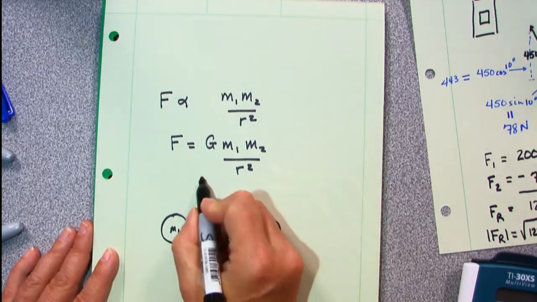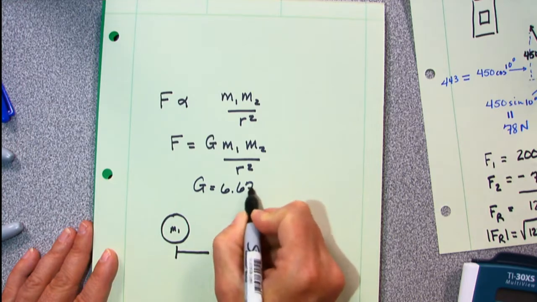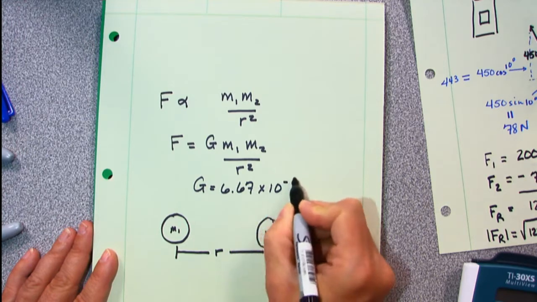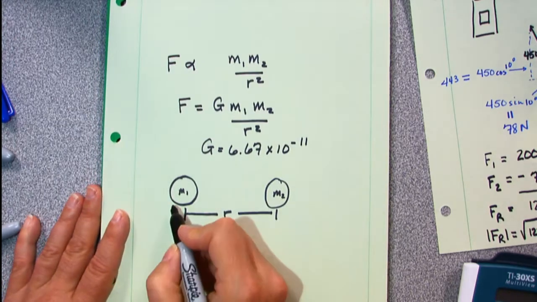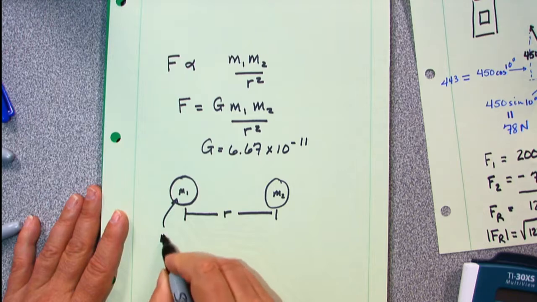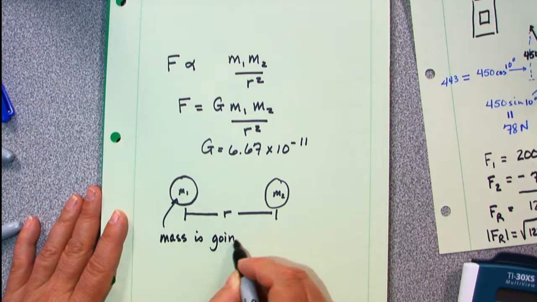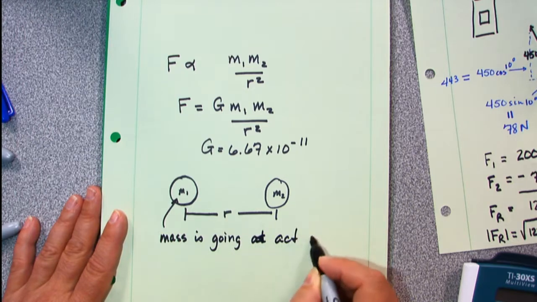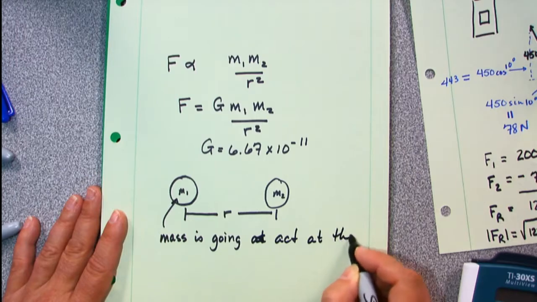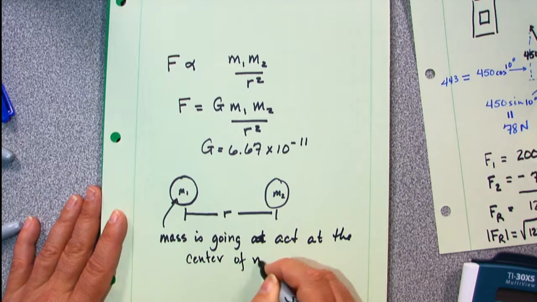And G is equal to 6.67 times 10 to the minus 11. The other key part is that the mass is going to act at the center of mass of the object.